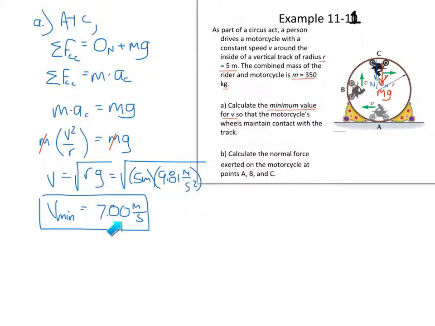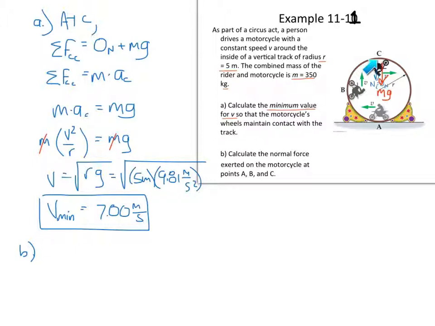Okay, so let's now find, so this is part B right here, we want to find the normal force exerted on the motorcycle at parts A, B, and C. Well, we did C already, right? Because at C, we said if he's going at this required speed, 7 meters per second, his wheels are just barely maintaining contact with the track, which means there's no pressure between the wheels and the track.